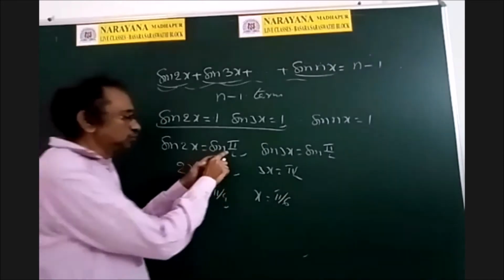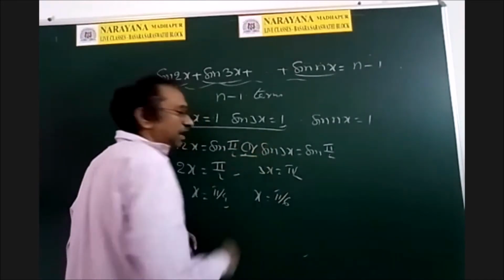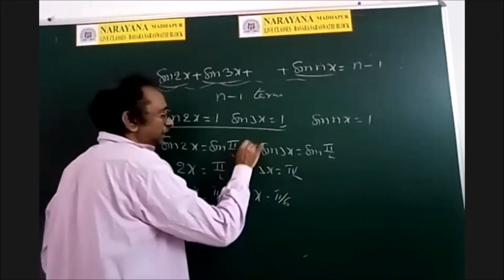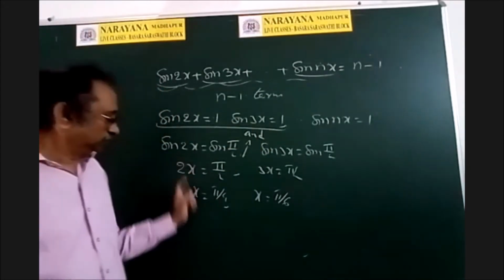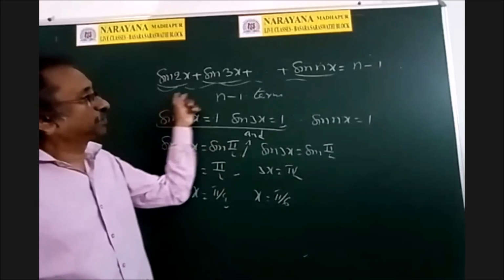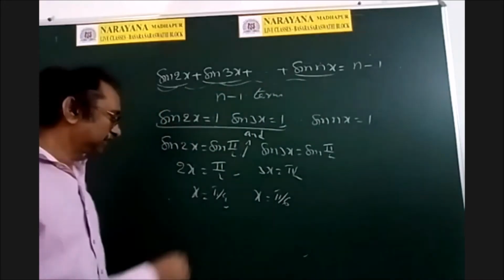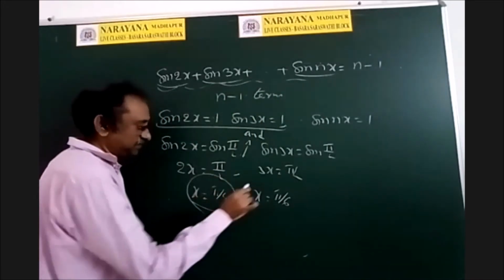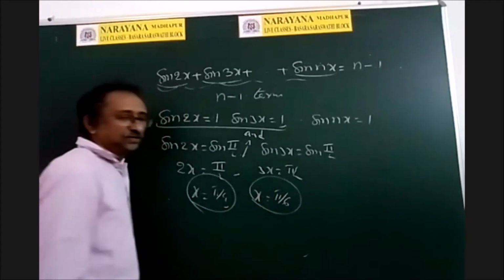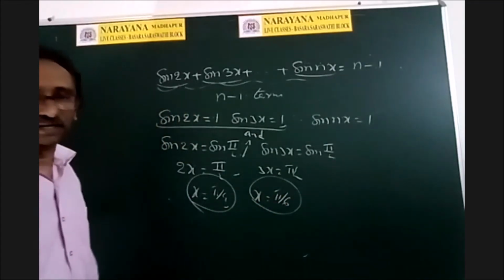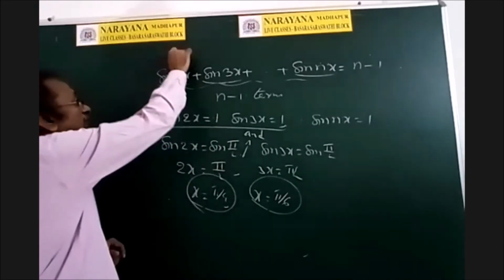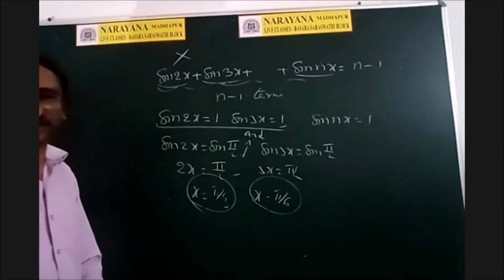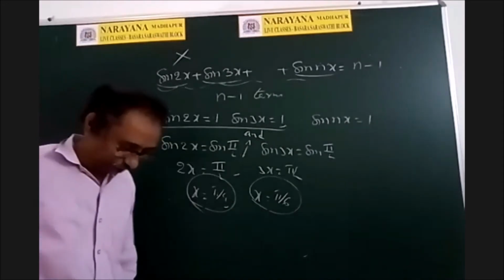Remember, these two are not connected by or. These are connected by and. Therefore, the solution must be common to all equations. But at the same time, x is equal to pi by 4 and x is equal to pi by 6 cannot happen. It cannot happen at the same time. Therefore, this equation has no solution at all. Right?